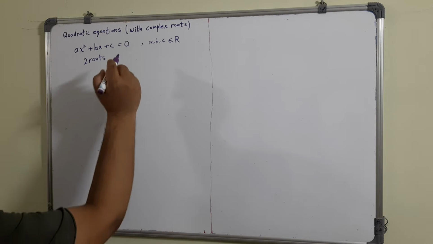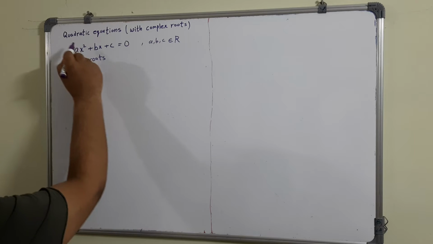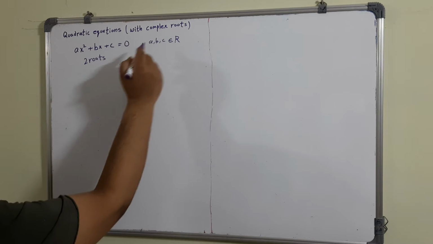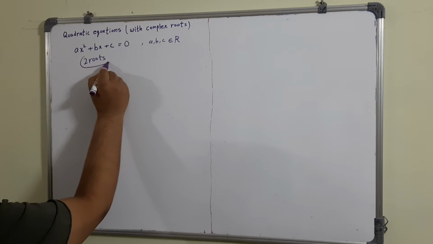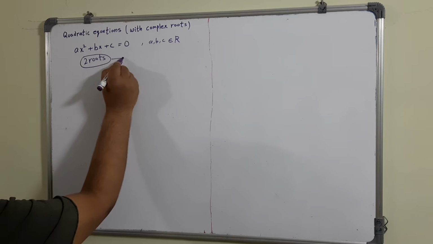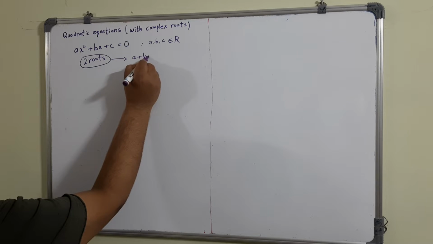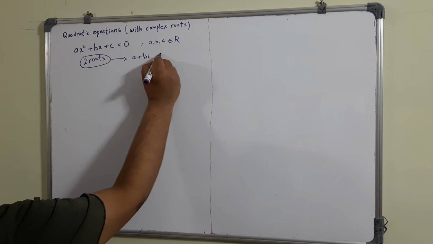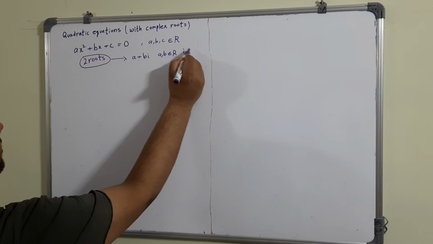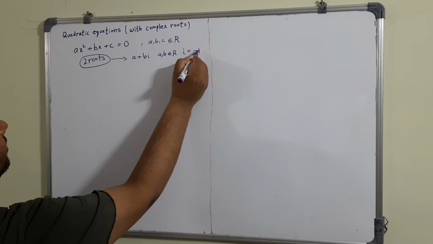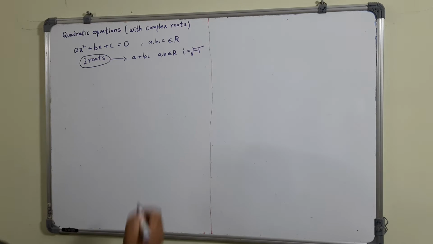We are going to learn about those quadratic equations which have complex roots. These two roots will be complex, let's say in the form of a plus bi, where a and b are real, while i equals the square root of minus 1.